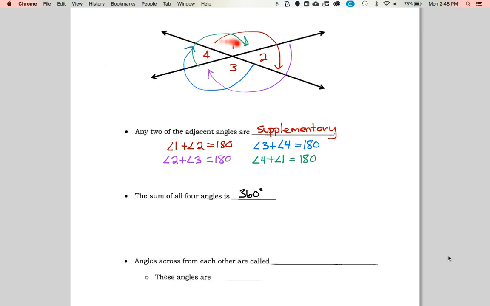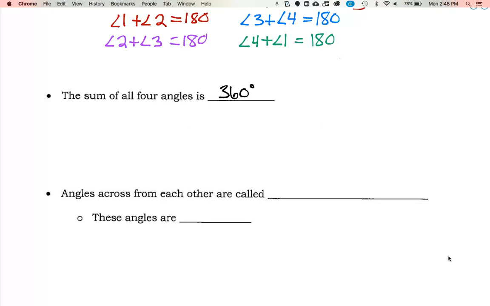So if 1 and 4 add up to 180, and 1 and 2 add up to 180, what does that say about 2 and 1? They have to be the same thing if they're both getting added to 1 to equal 180. We call those vertical angles. And those angles are congruent.